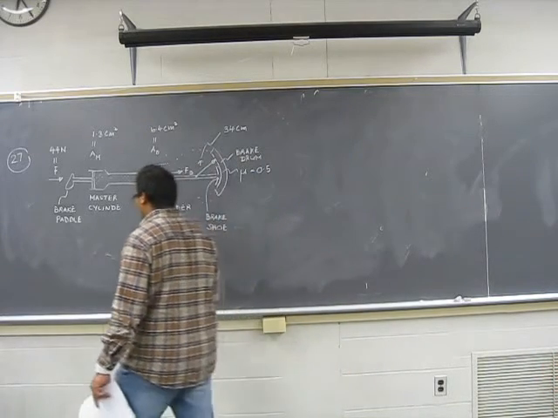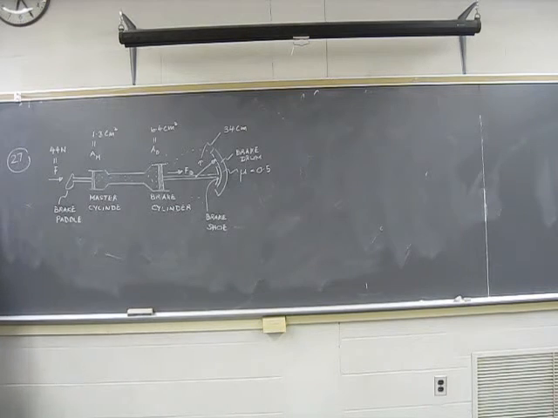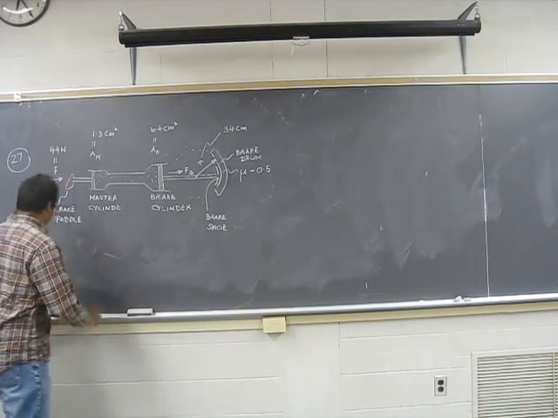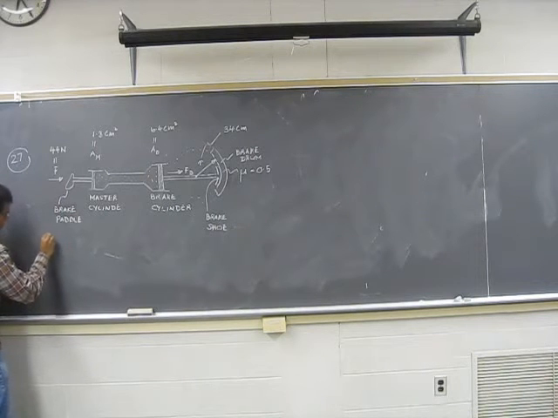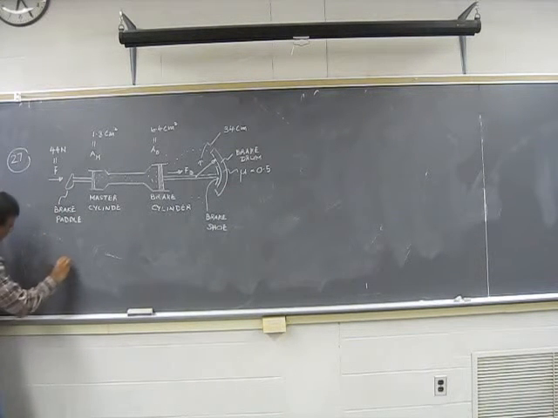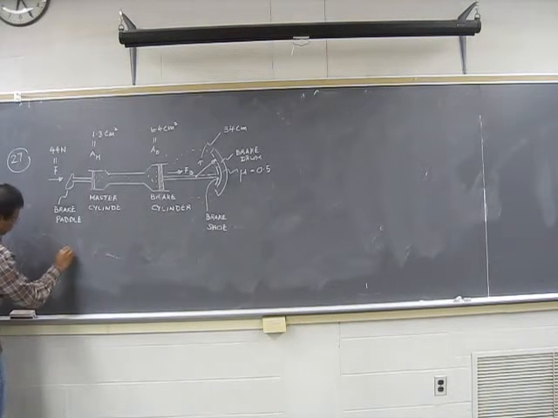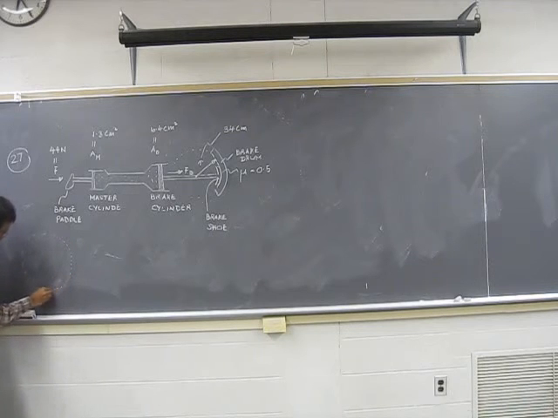Okay, let's look at what really happens here. Now, this is what we call the shoe. So over time, when you drive the car, the brakes will get worn off. The shoes usually are the ones that get worn off most of the time.